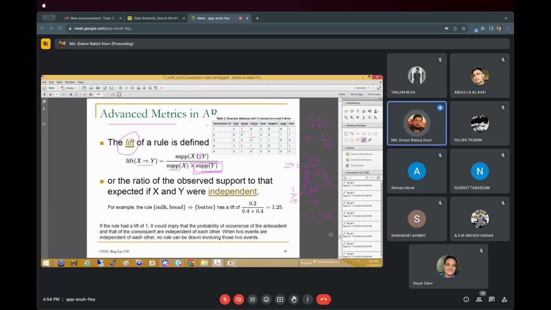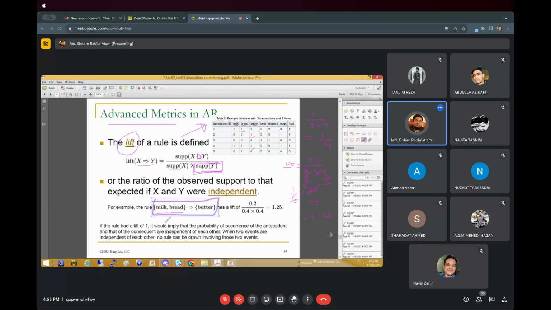Now for this data set, if we want to find the lift, for example, one rule is milk, bread, and butter. This is one of the rules considered, and we want to find the lift of this rule.